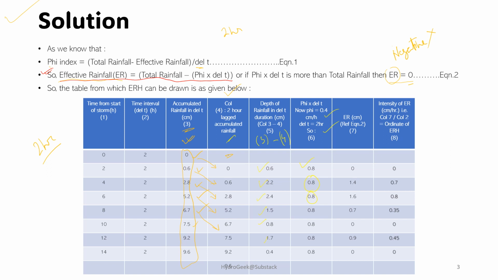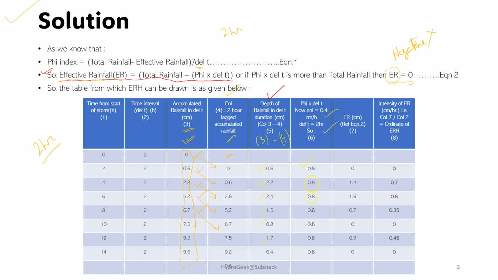Now total rainfall depth is shown here in column 5. So we will deduct column 6, phi into delta, from total rainfall, which is represented in column 5.